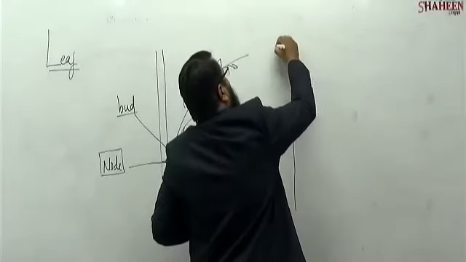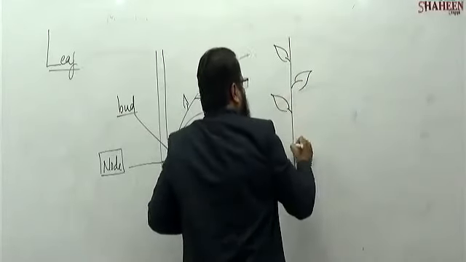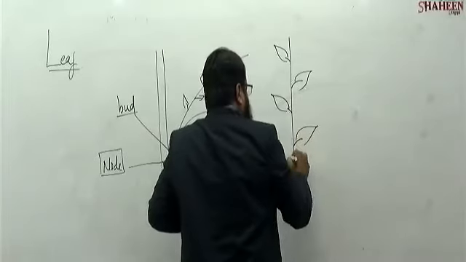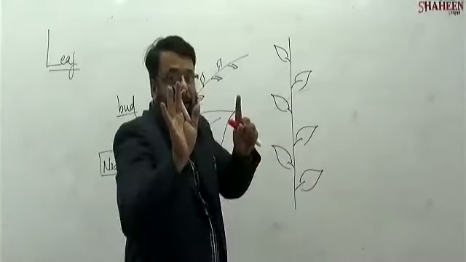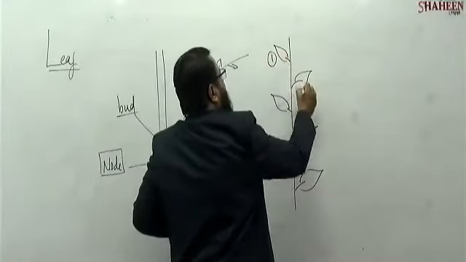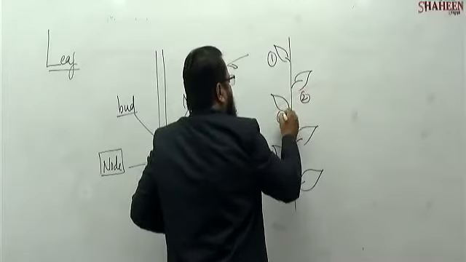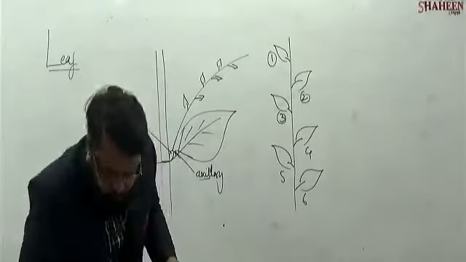This is one leaf, another. Now, I will give numbers to the leaves. This is first, second, third, fourth, fifth, and sixth.